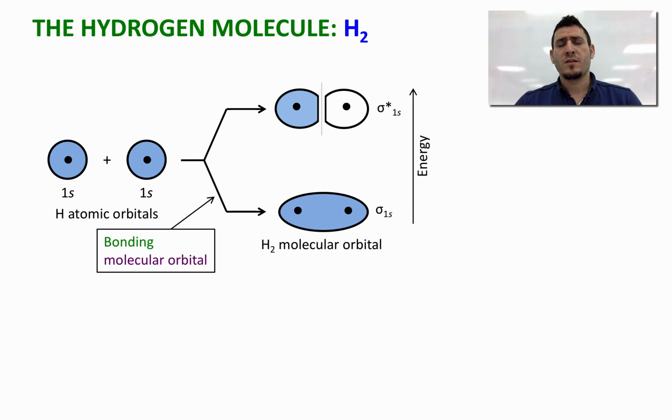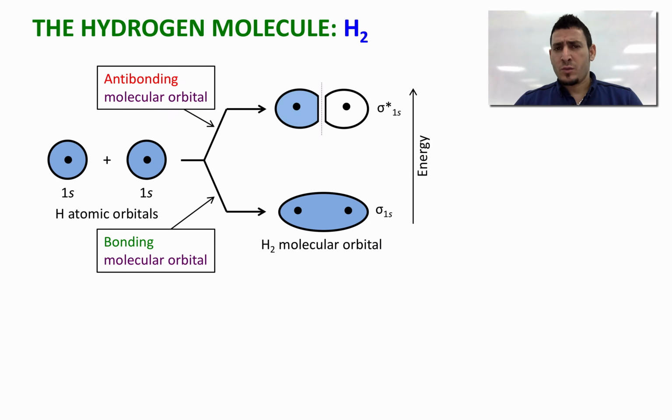So this is the orbital that will favor bonding between the two atoms. Now, if the two atomic orbitals overlap out of phase, they're going to form the anti-bonding molecular orbital, and therefore this orbital will not favor bonding.